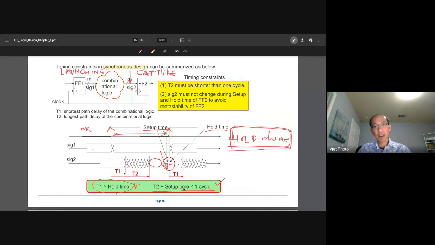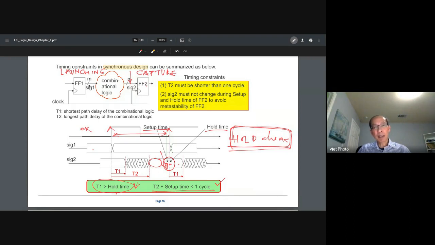The setup check is simply T2 plus setup time. T2 is the time from here to here, and plus the setup time needs to be less than the cycle, so that from here to here is cycle minus T2. The portion here will be the setup time, so that when the clock latches, you get the data out correctly.